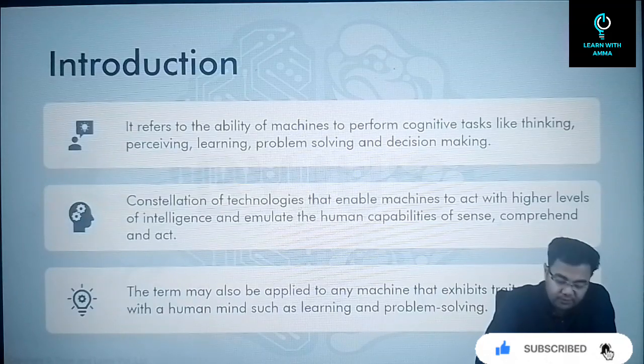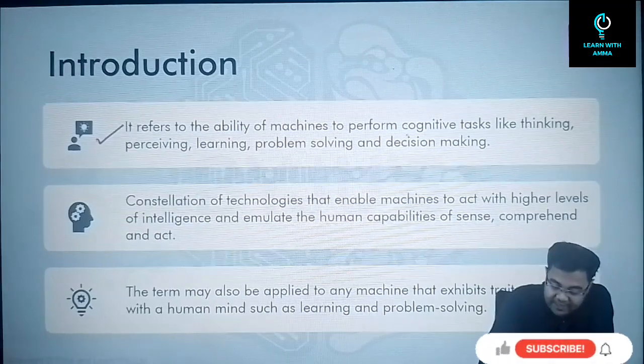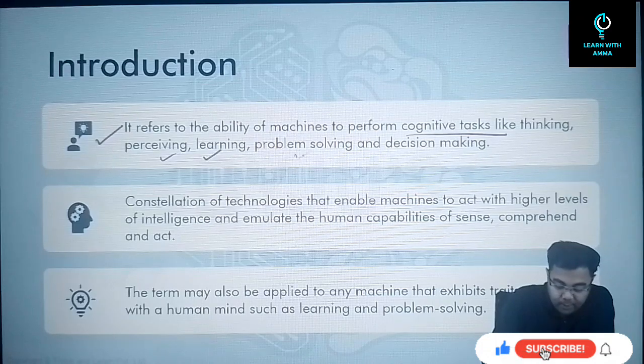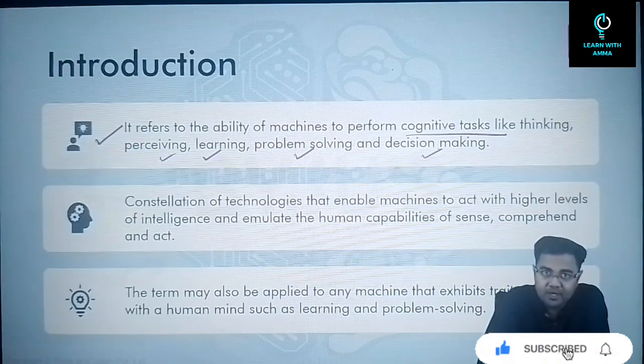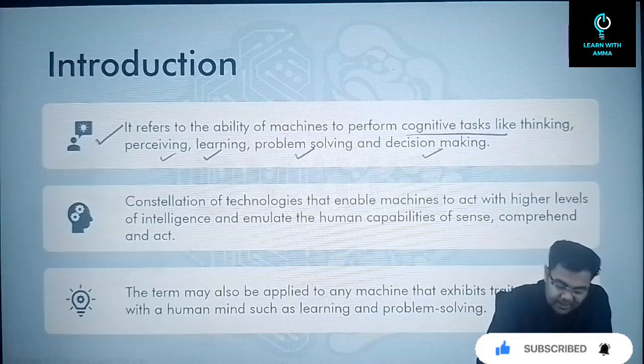So if we want to define it, the first way could be that it refers to the ability of machines to perform cognitive tasks such as thinking, perceiving, learning, problem solving and decision making. So everything, as I said, that is associated with the human brain.